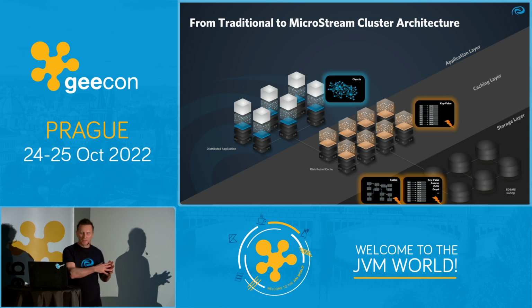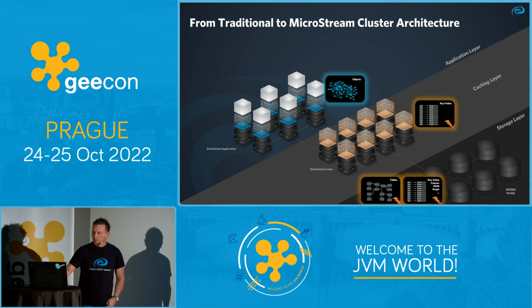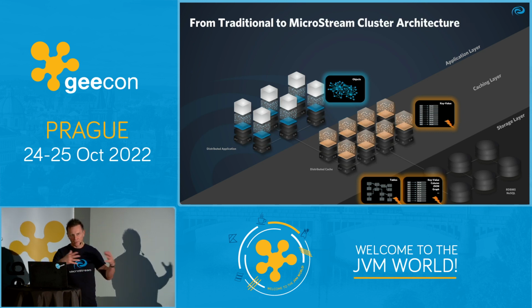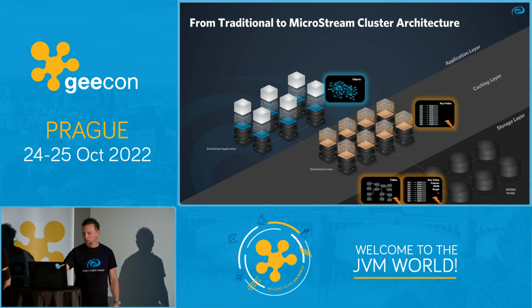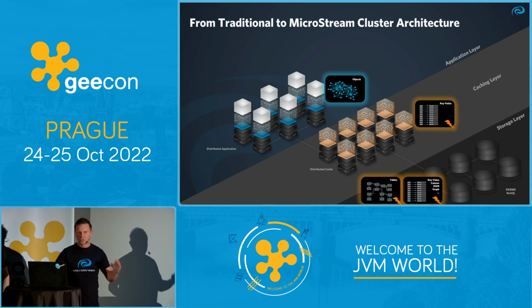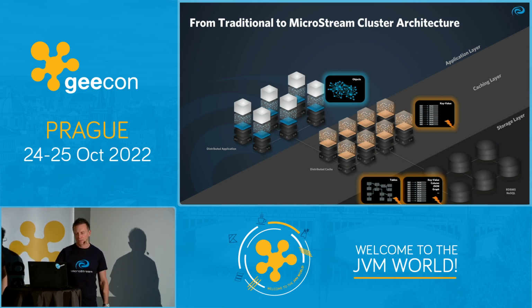Because now we replicate the object graph in memory, we don't need a distributed cache anymore, because we are able to replicate in-memory data already. So we can remove the distributed cache. We store binary data only. And if we store it in, let's say, a blob storage in the Oracle Cloud, then we can remove the database cluster as well.